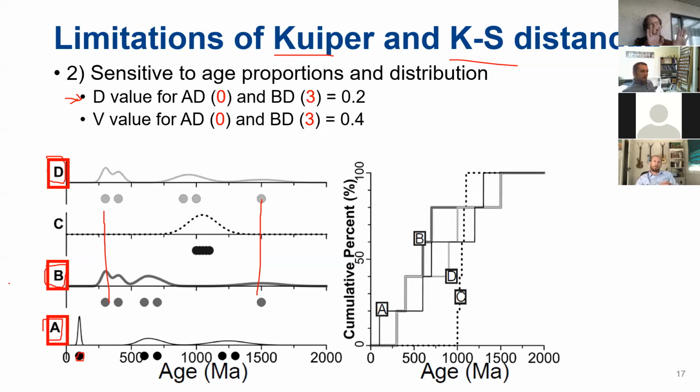So if you've got ages spaced, for example, every 100 million years, but they're offset by 50 million years, you're going to run into the kind of problems that you're seeing here, where the KS distance and the Kuiper distance might be giving you inaccurate estimates of how different those pairs of samples are.